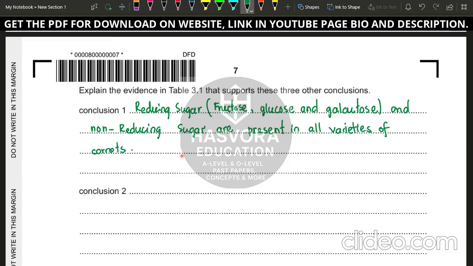Okay, so we have actually named them and specified them into groups, that these are the reducing sugars and these are the non-reducing sugars that are present in all varieties.